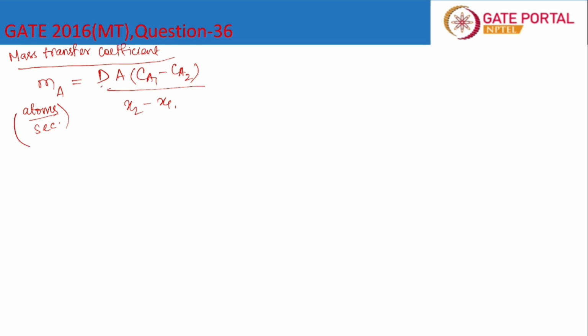So this D is the diffusivity, A is the area through which the mass transfer is occurring, and these are the two compositions, Ca1 and Ca2, and this is the distance over which the mass transfer is occurring. So we can write it this way.